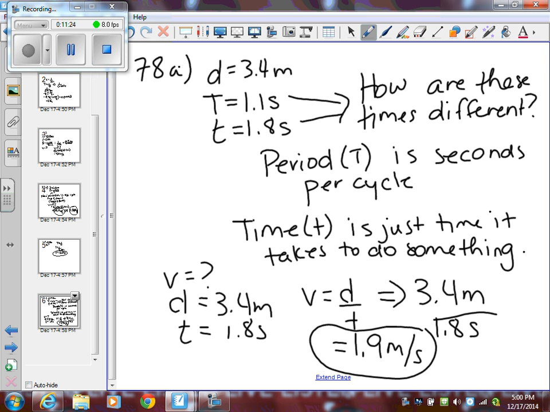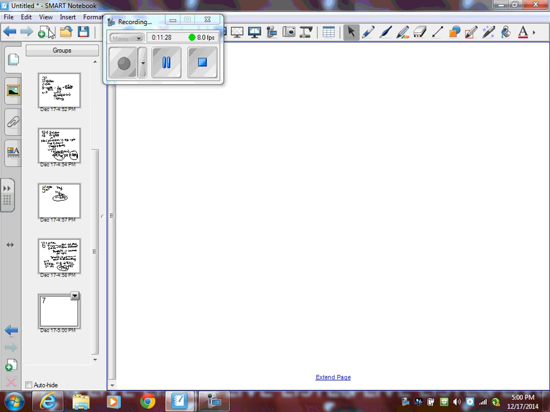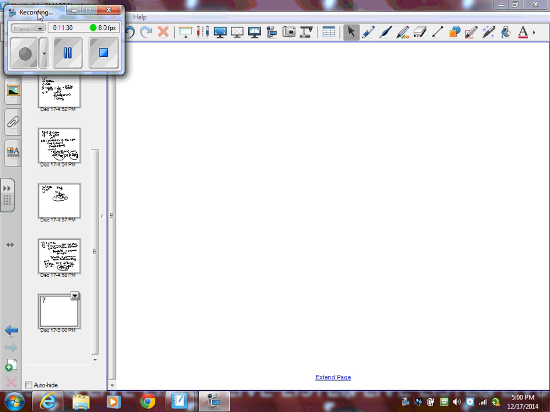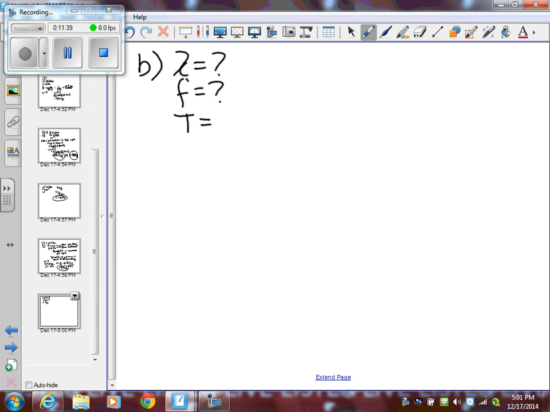This brings us to part B. We are being asked for the lambda, or wavelength. We don't know our frequency. We do know our period, which is 1.1 seconds. We have calculated our velocity, which is 1.9 meters per second. So there's going to be a few steps to this.